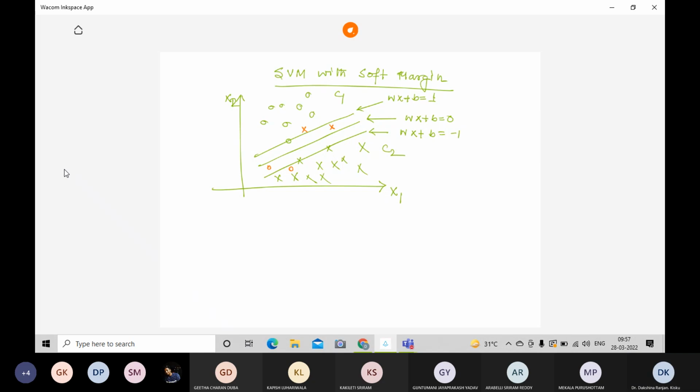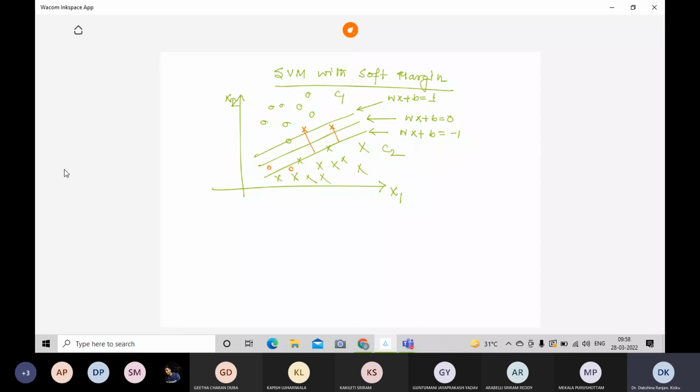So if we consider the misclassified examples of class C2, then we can have this distance. We have to calculate the distance from the misclassified examples to the margins of class C1, C2. In this case, there are two misclassified examples of class C2, so we will obtain the distance from these examples to the margin of class C2.